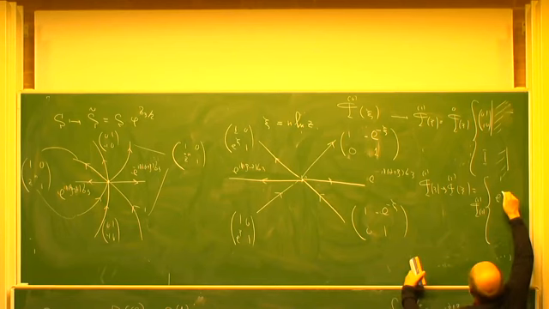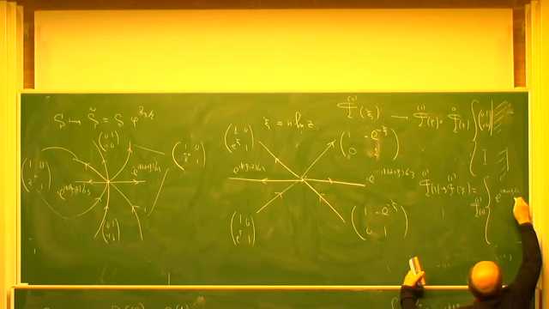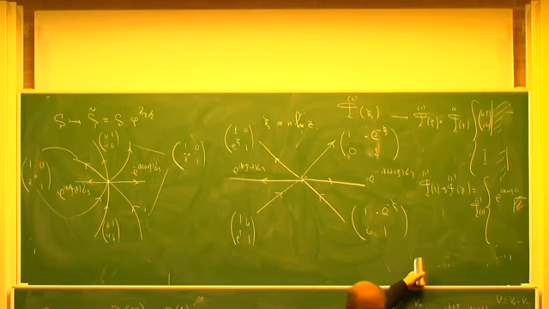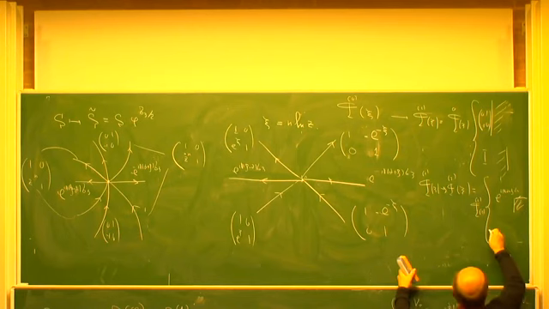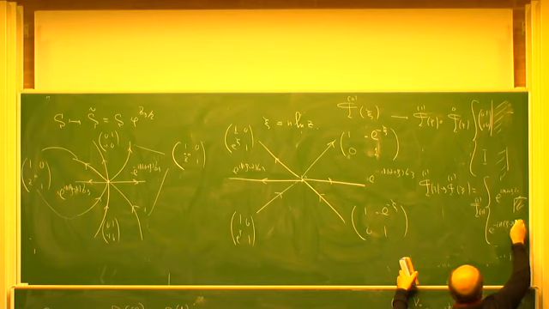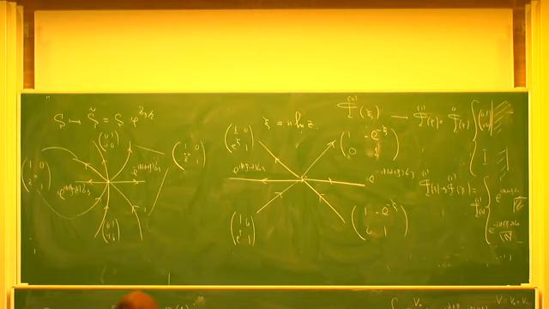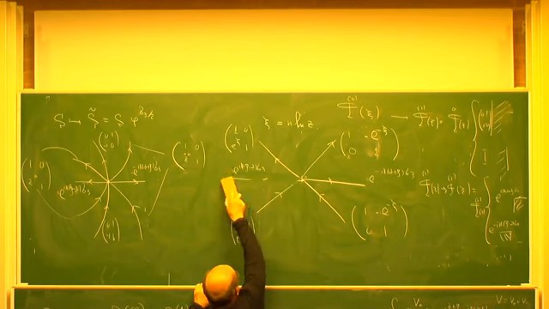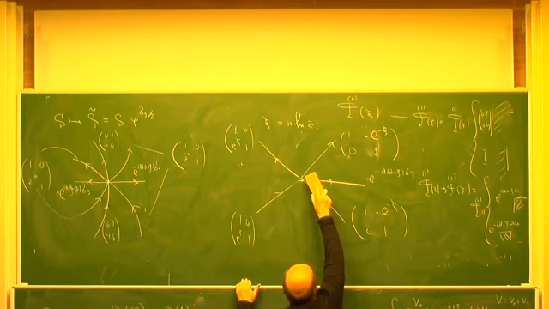So e to the i pi alpha plus beta sigma 3 everywhere here, and e to the minus i pi beta minus alpha sigma 3 everywhere there. Then I would get rid of those.